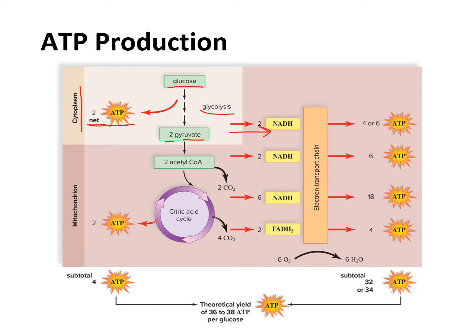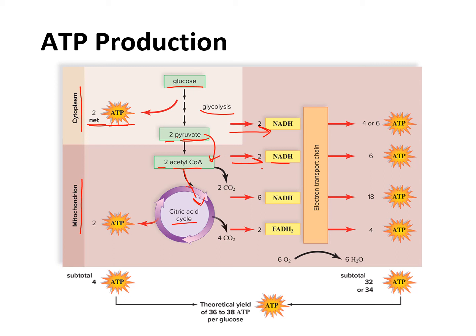After glycolysis, there's the preparatory reaction. Preparatory reaction converts the pyruvate molecules into acetyl-CoA. So you generate 2 acetyl-CoA molecules, and they are able to enter into the mitochondria. And during this process, 2 molecules of NADH will be produced, 1 for each of the acetyl-CoA. The acetyl-CoA are then able to enter into the citric acid cycle, which is the 3rd phase of cellular respiration.